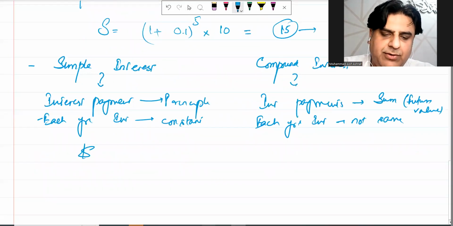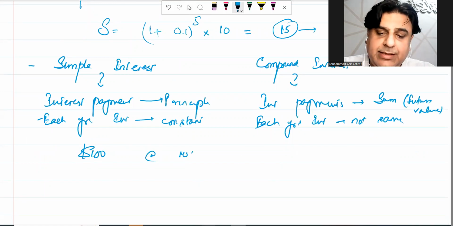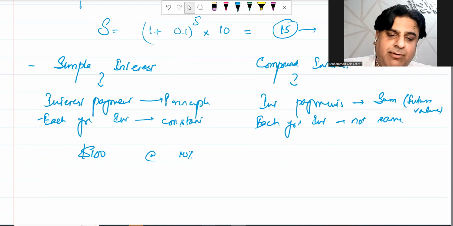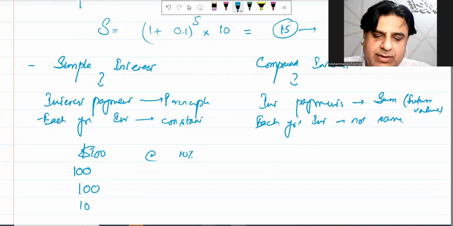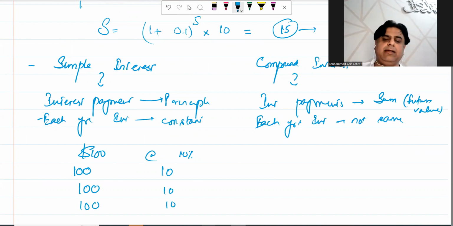For example, you have $100 at the rate of 10%. So if I follow the simple interest concept, the investment will remain 100 in each year, and interest will remain 10, 10, 10.